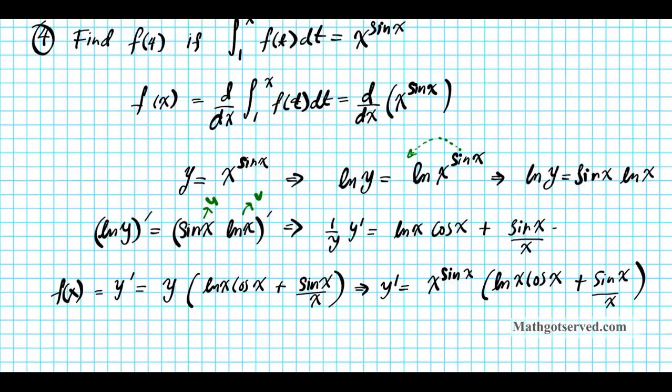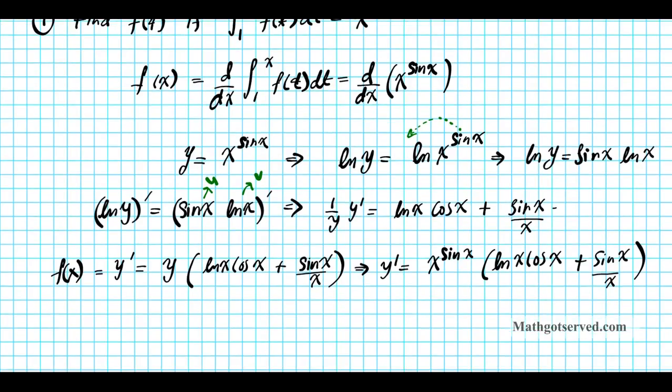All right, so if this is f of x, what is f of 4 going to be? F of 4 is simply what you get when you evaluate this function at x equals 4. So you're going to have 4 raised to the sine of 4 times the natural logarithm of 4 cosine 4 plus sine 4 over 4. All right, so there goes your final result.